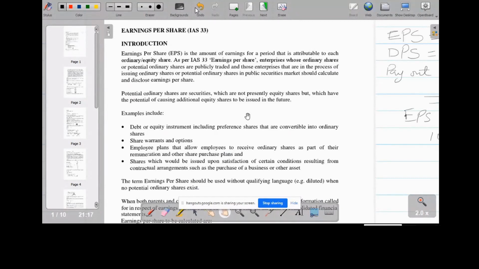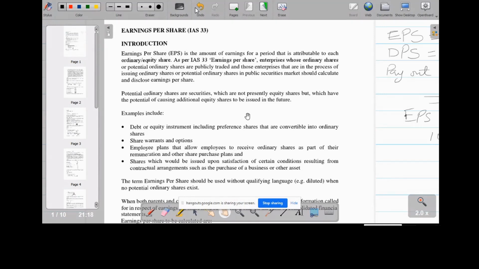So we have discussed the earning per share. We also talk of what we call potential ordinary shares. These are things which are not ordinary shares now, but they have a chance, in future, to be converted into ordinary shares.